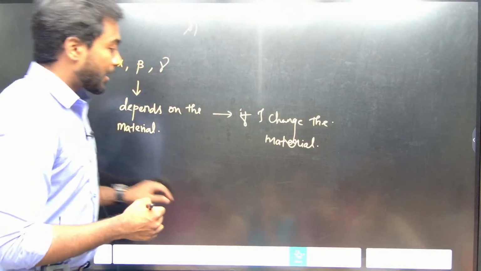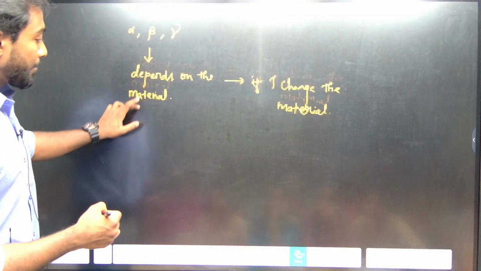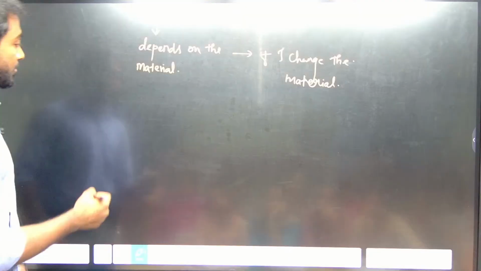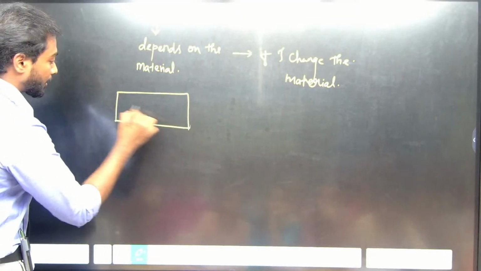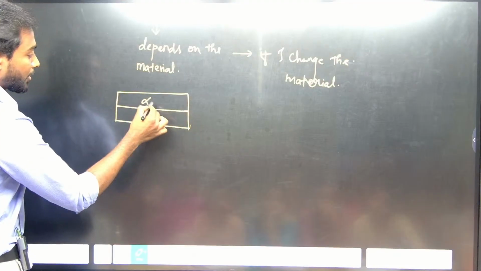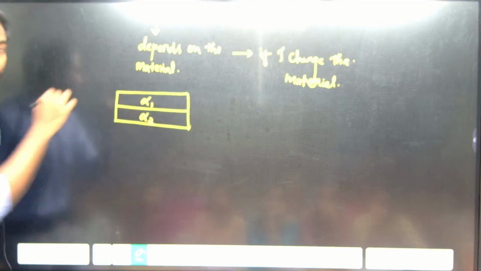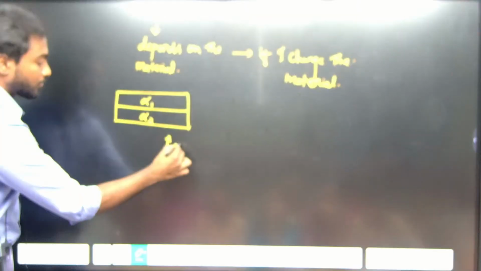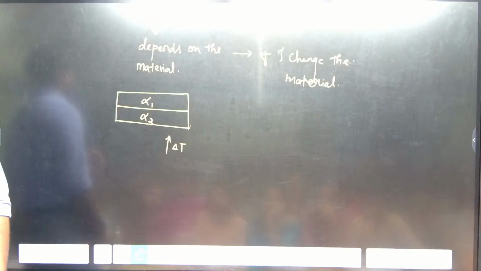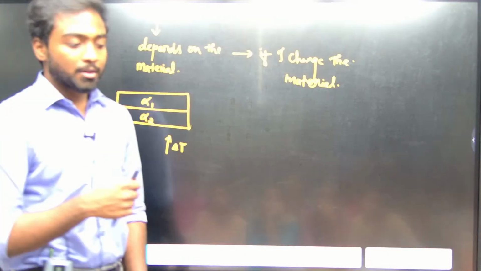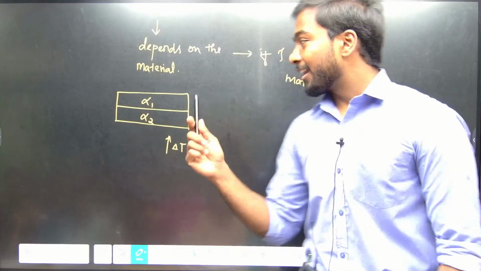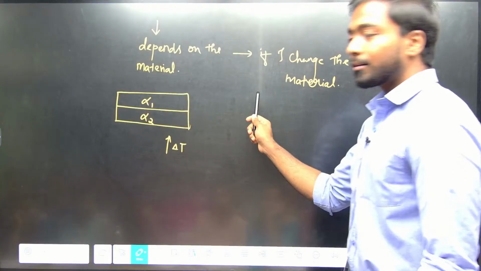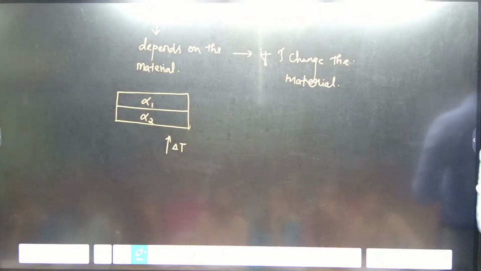So bimetallic strip. Bimetal is nothing but two metals. I am considering two different metals having alpha 1 and alpha 2. Now what I am doing is I am increasing the temperature. So if I increase the temperature, will it expand together, or will one expand less and one expand more?